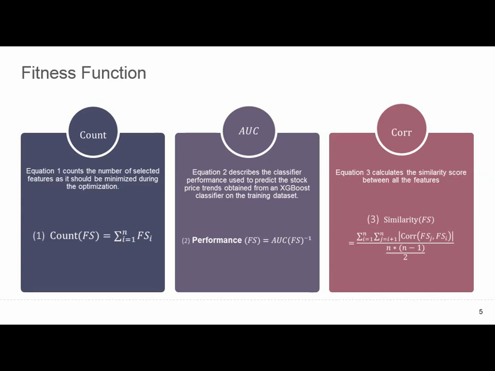Since we need to only use the lower triangle of the correlation matrix, the total sum is divided by the number of items in this triangle, which is m times n-1 divided by 2.